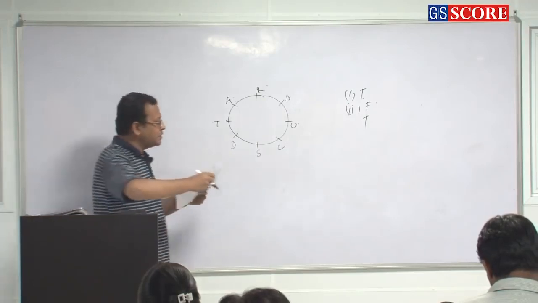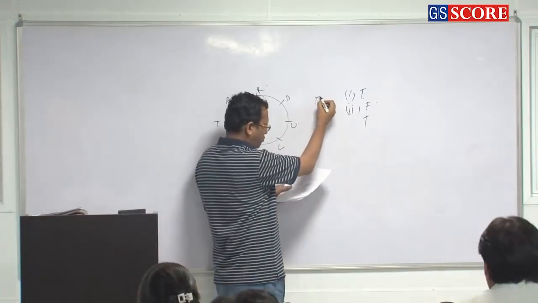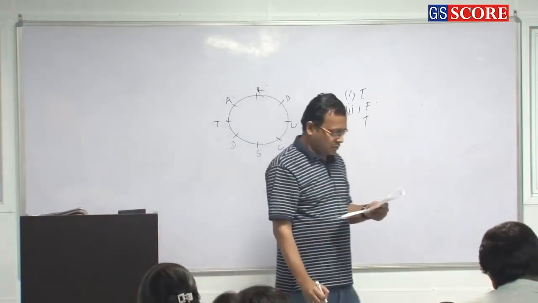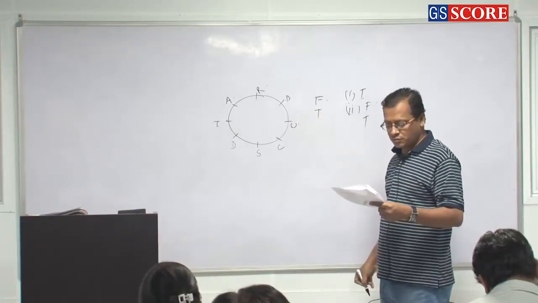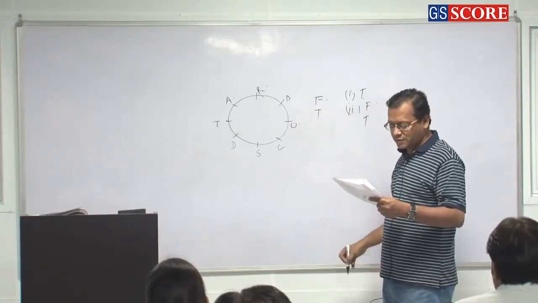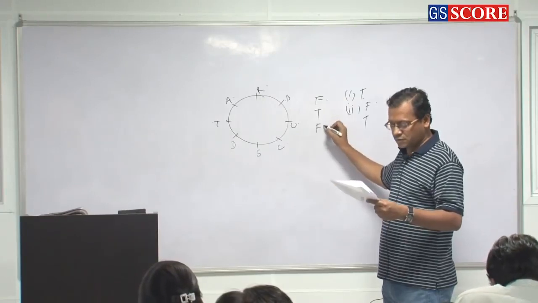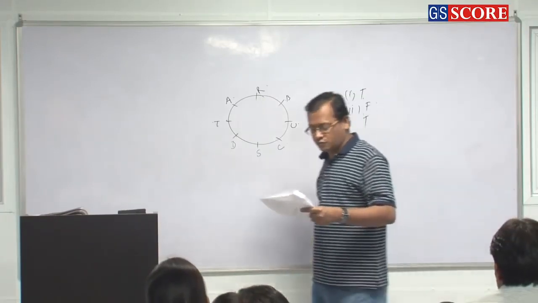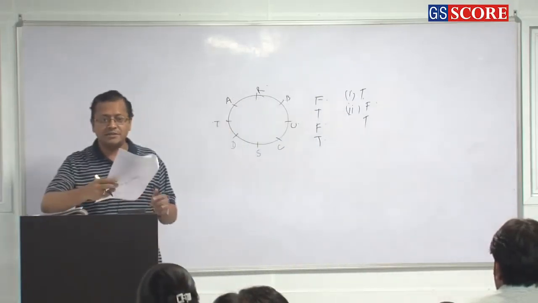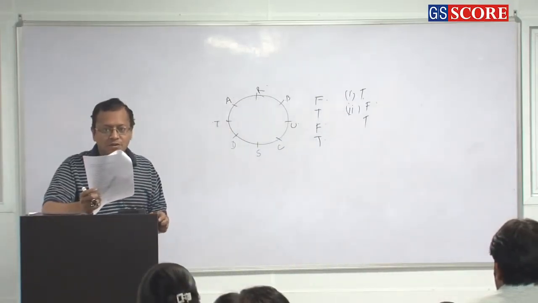First one is what? False. Second one is true. Third one is false. Fourth one is true, which means he has not eaten gulab jamuns. Clear or not?